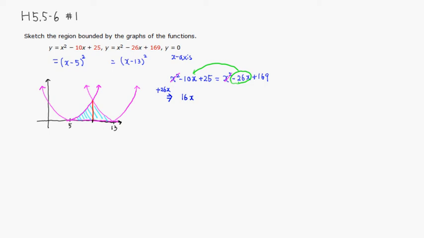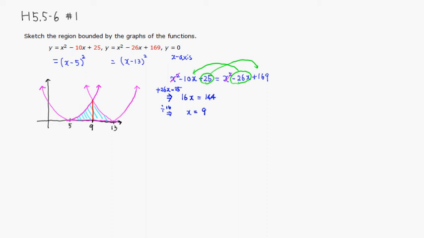Then we move 25 to the other side by subtracting 25, so 169 minus 25 is 144. Then divide through by 16 to isolate x. 144 divided by 16 is 9. So the x coordinate of the intersection point is 9.